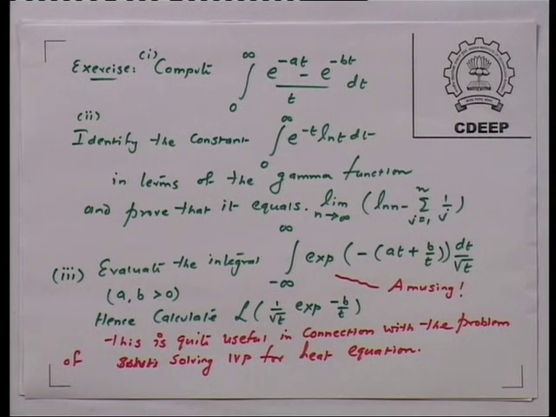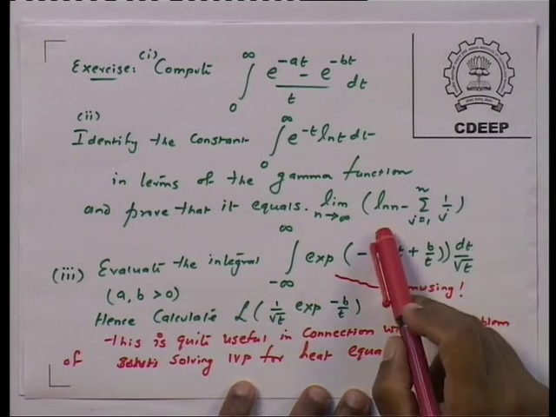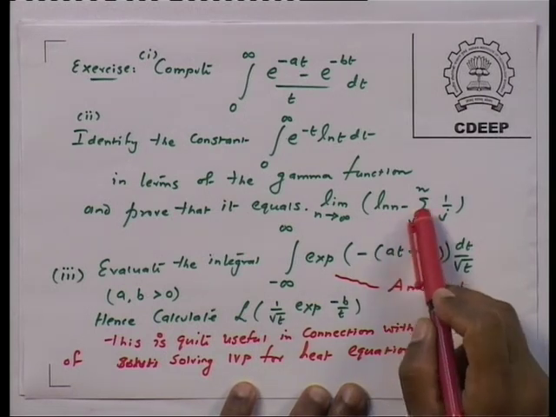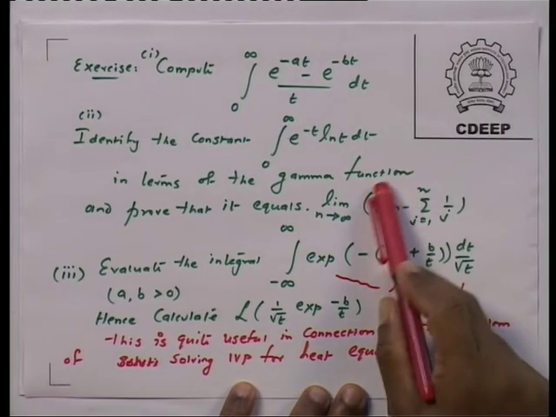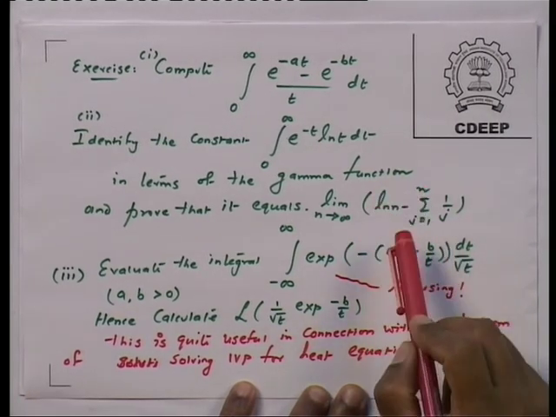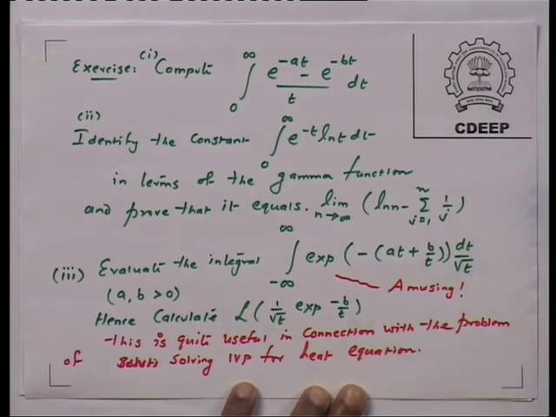The constant is nothing but minus little gamma. What is little gamma? The Euler's constant. It is the limit of log n minus the sum over j from 1 to n of 1 over j. This object is minus gamma. This is minus little gamma, correct?